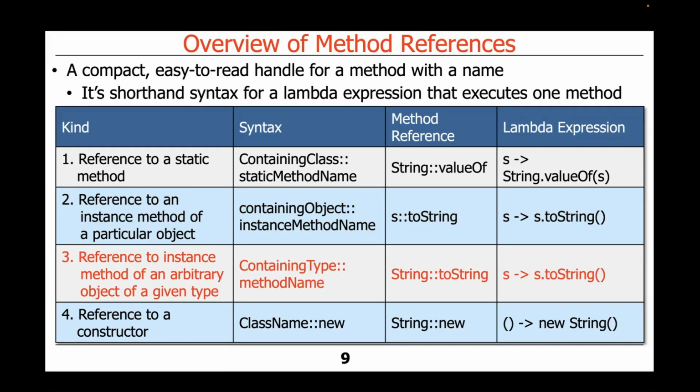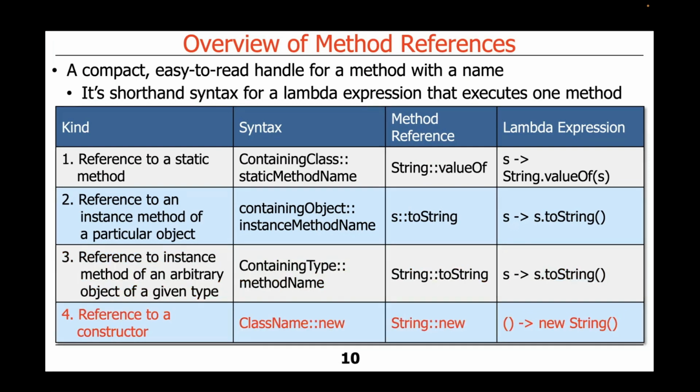Yet another type of method reference is a reference to an instance method of an arbitrary object of a given type. So in that case, you have the containing type, like String, and then you've got :: and the name of the method. So you could have String::toString, and it would work on any object of type String that was relevant in that context. Once again, the lambda expression for this would be s arrow s.toString().